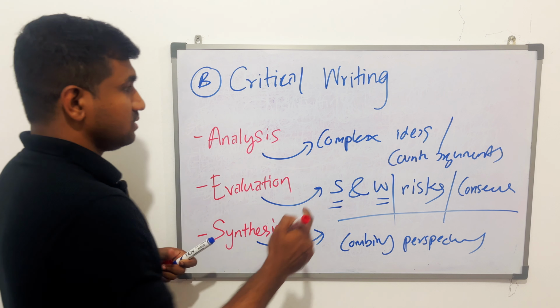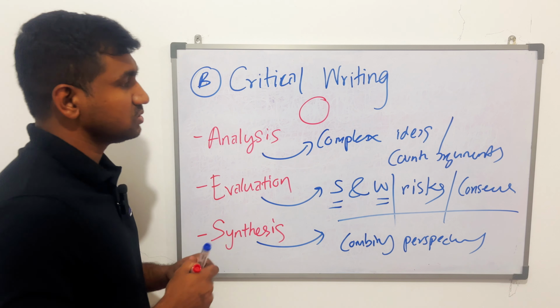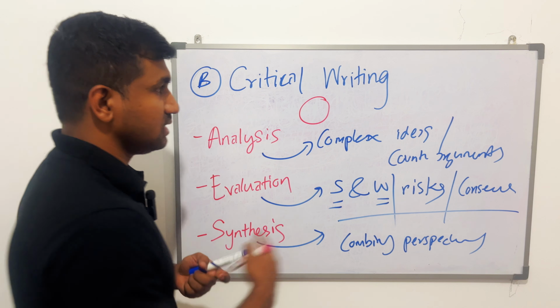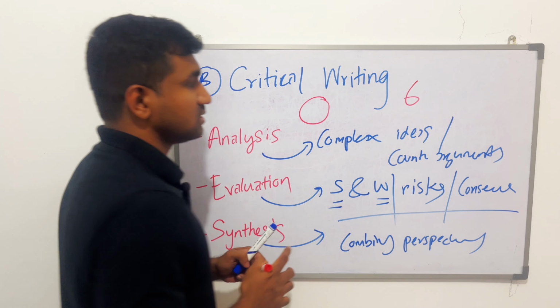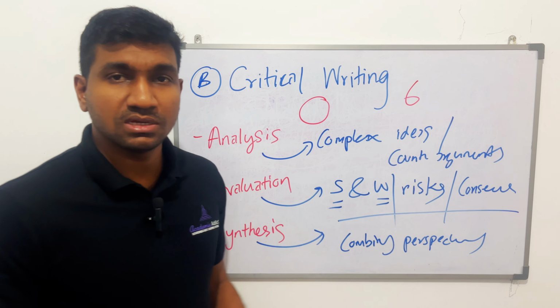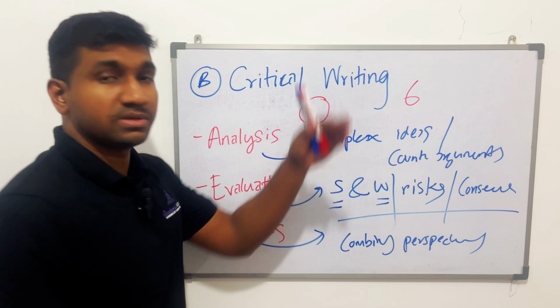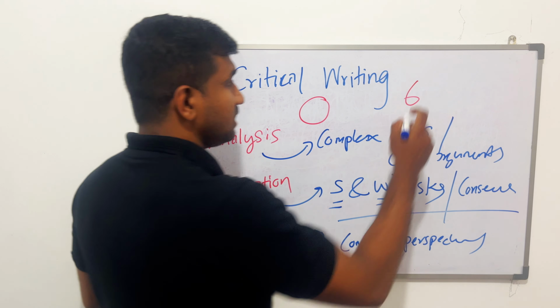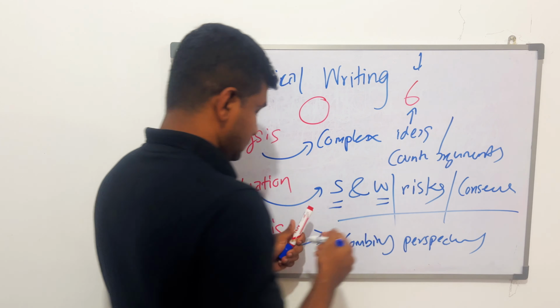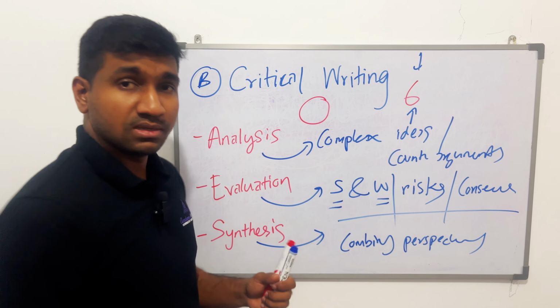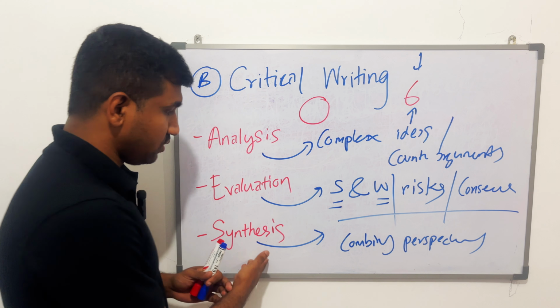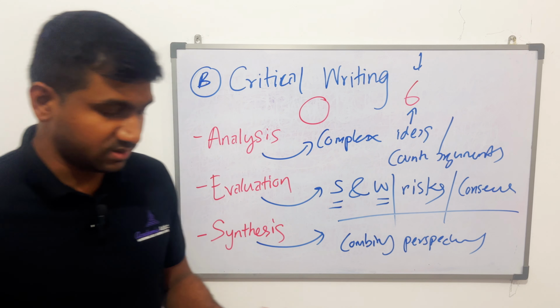Maybe for someone this could be a circle. Let's say this is 6. If someone says this is 6, another one can say this is 9 from a different angle. From this angle it's 9, from this angle it's 6. But it's the same thing, right? So things like that, you are combining multiple perspectives.